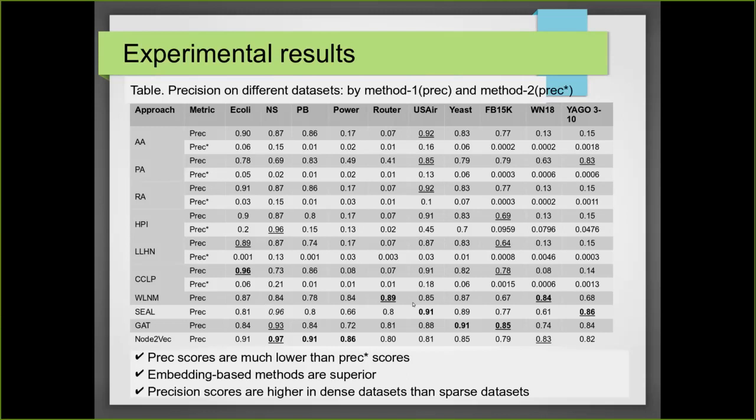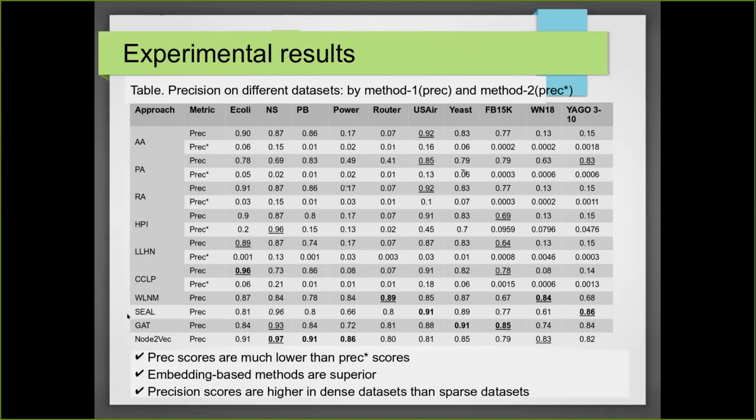And also, among the 10 graphs, power, router, and WN18, these 3 graphs are more sparse graphs. That means they have low average node degree. So in those graphs, similarity-based methods show low precision values.